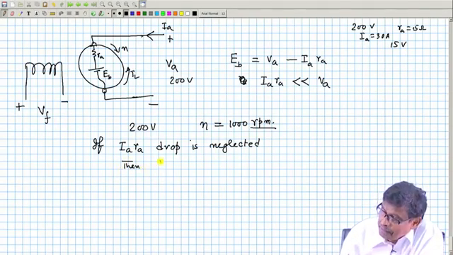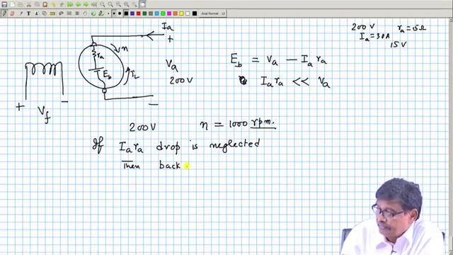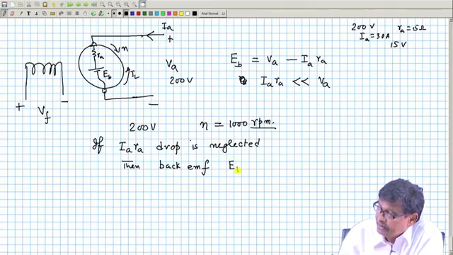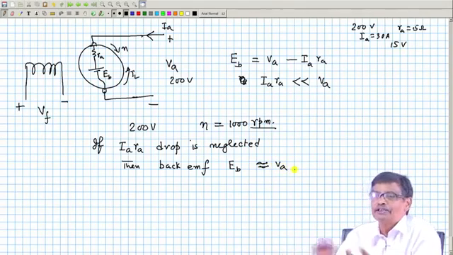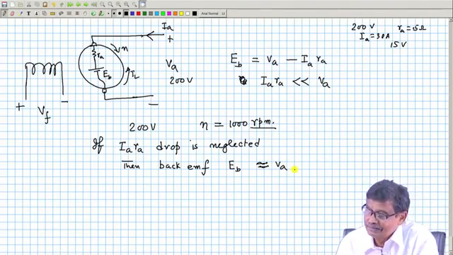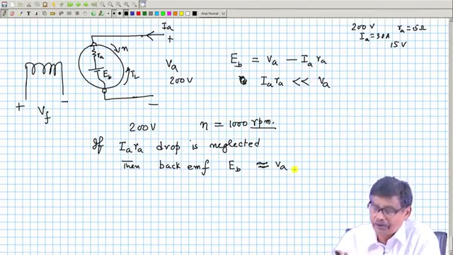Then back EMF, that is EB, will be always equal to supply voltage, as if back EMF is fixed by supply voltage. Are you getting this point?